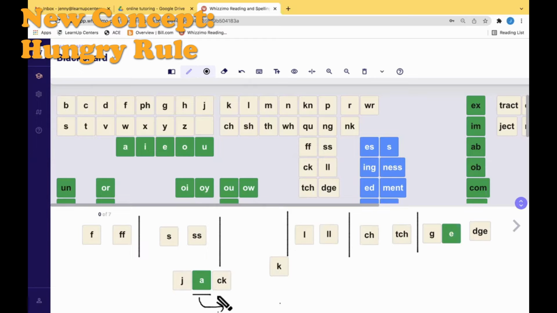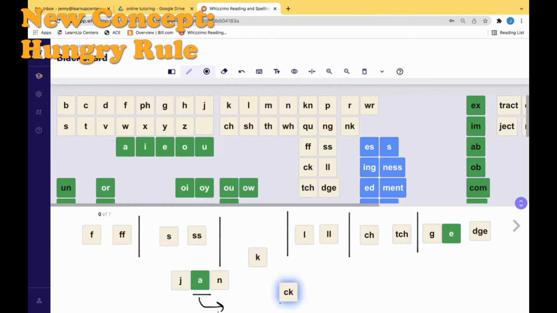Like Jack, there's no other letter with it. But if I had a friend next door, you would get a smaller piece of that dessert because you're gonna be sharing.